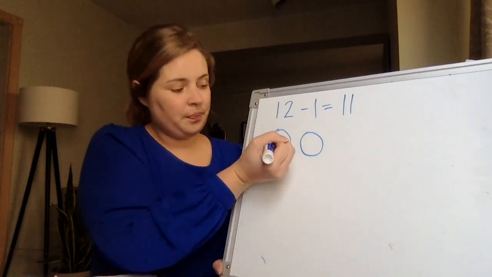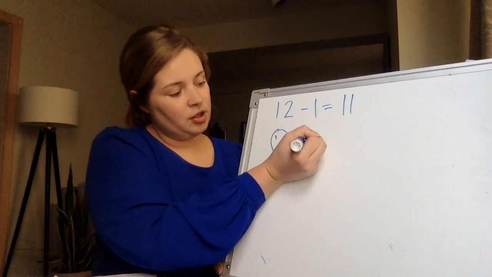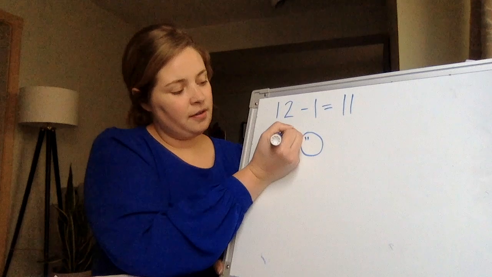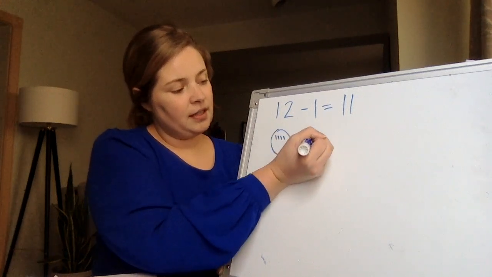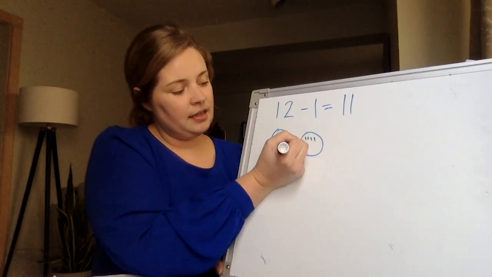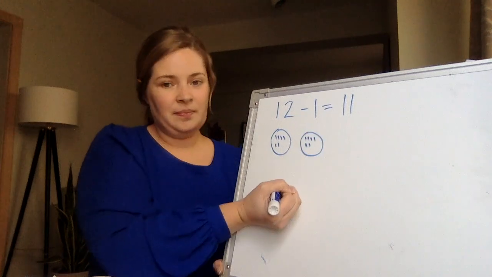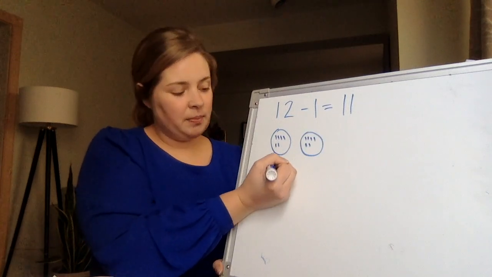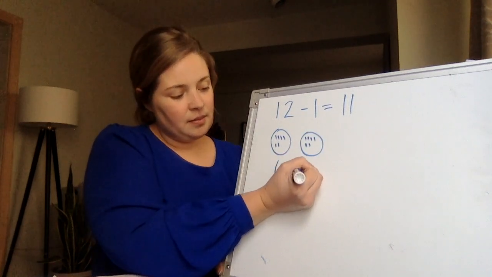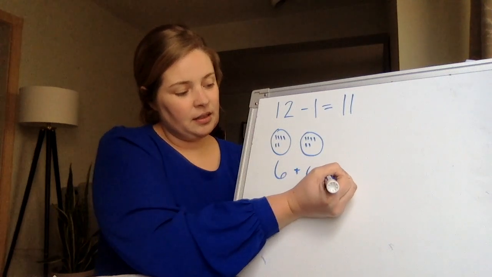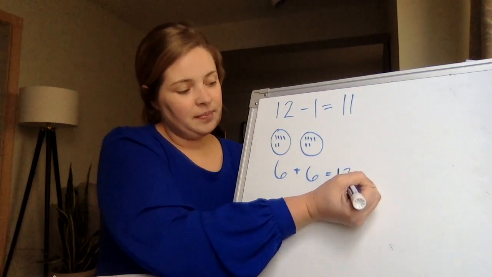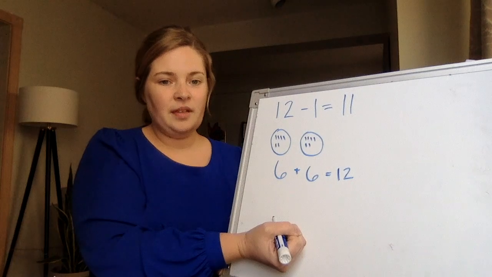Let me show you. 1, 2, 3, 4, 5, 6, 7, 8, 9, 10, 11, 12. Our doubles fact would be 6 plus 6 equals 12. 12 is even.